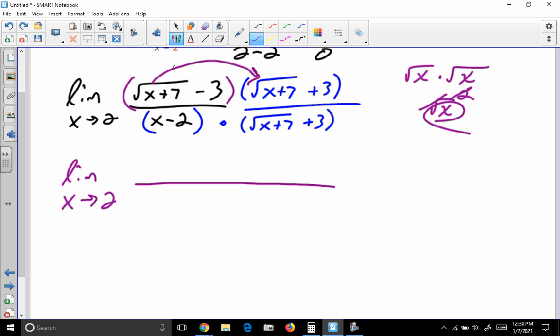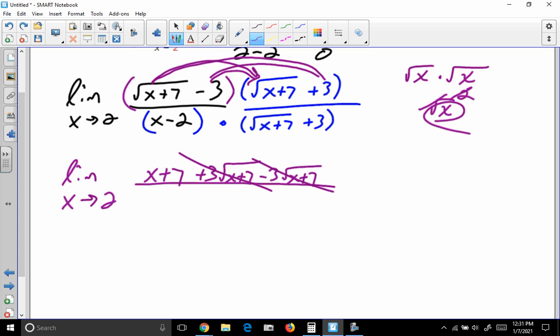So since these match, that means we have this radical squared, so we're going to get what's underneath. Then we're going to do that times 3, so we're going to end up with 3 of those square roots. We've got to distribute the minus 3, so we have minus 3 of those square roots, so those cancel, and then a minus 3 times a plus 3. And the bottom we're going to leave factored.